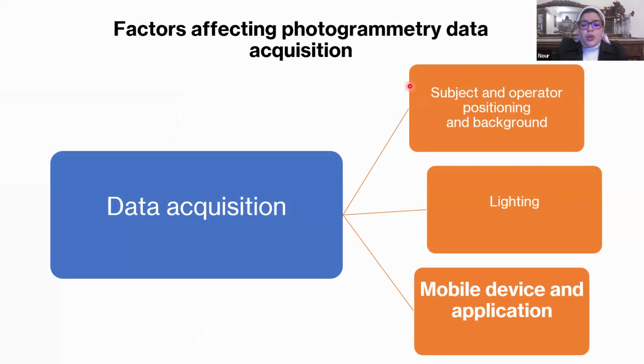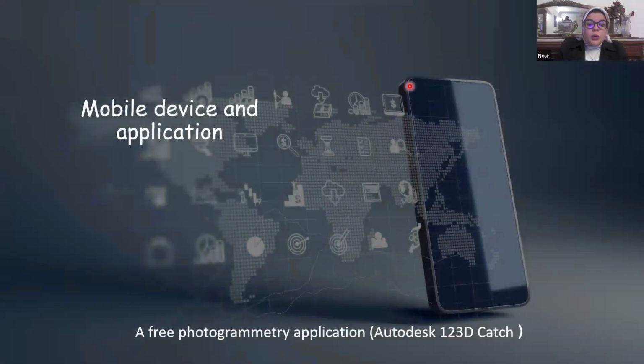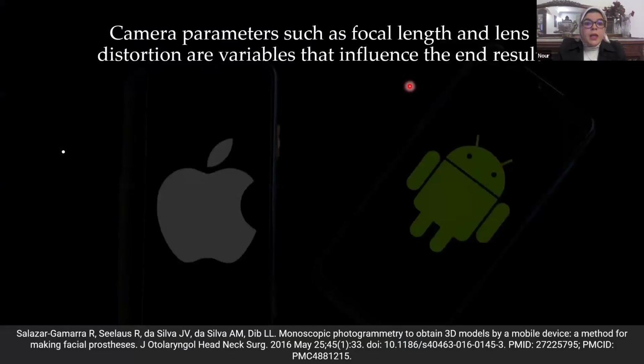Having said that, let's talk a bit about the mobile device and application. In this interesting research by Dr. Rodrigo, they used a free photogrammetry application, the Autodesk 123D Catch. The camera parameters, such as the focal length and the lens distortion, are variables that influence the end result. Whether you're using an Android or an iOS device doesn't really matter, but the camera does.